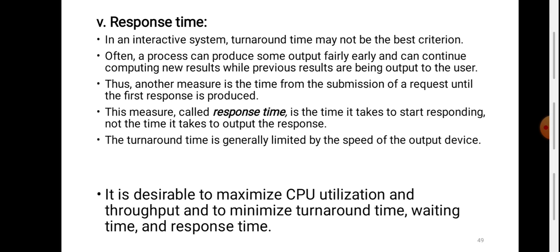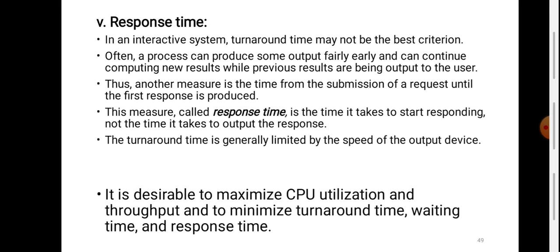So in an interactive system, turnaround time may not be the best criteria. Usually a process can produce some output fairly early. It means some processes produce the output very soon and can continue computing new results while previous results are being output to the user. So another measure is the time from the submission of a request until the first response is produced.